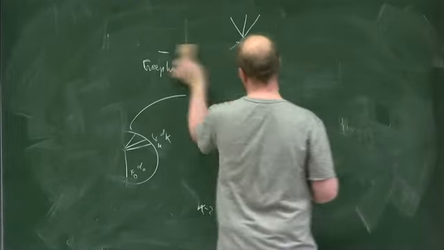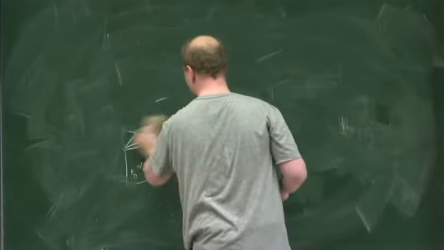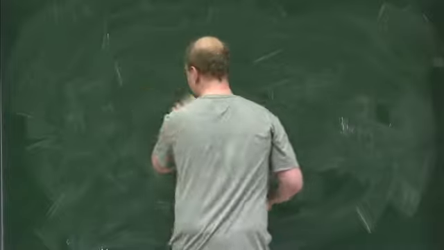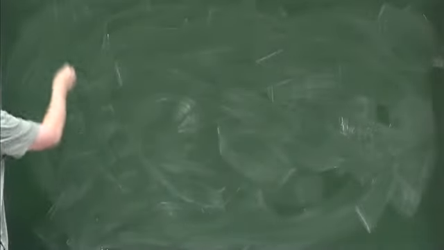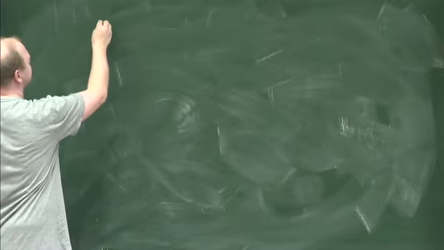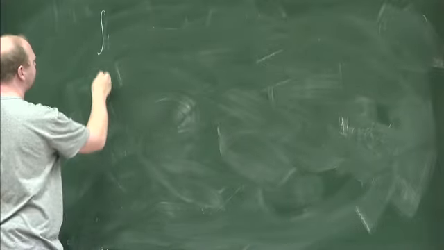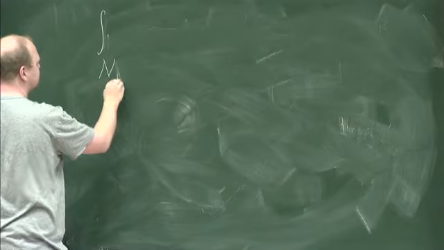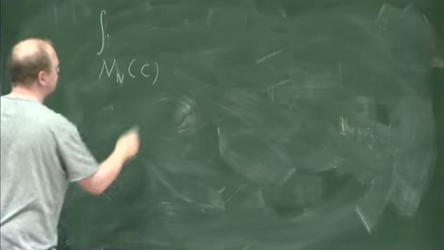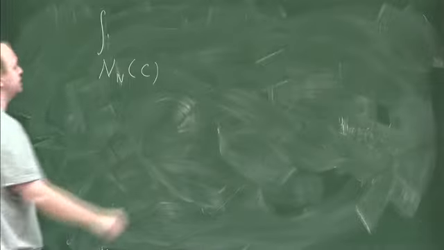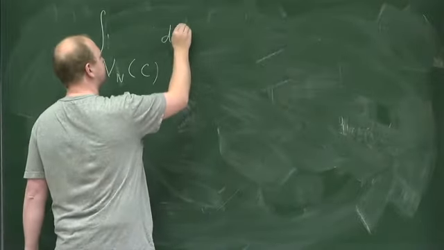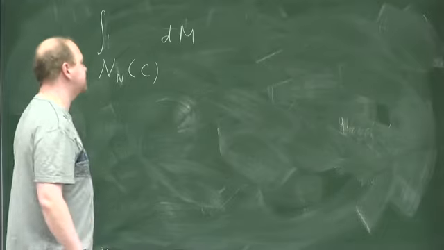I'll make some statement of the following type. People want to have the function of the following type, so they take the integral over the space of matrices denoted Hn of C. I'll explain in a second what is the space of matrices. So here they have some special measure, and the measure I'll also explain in a second.